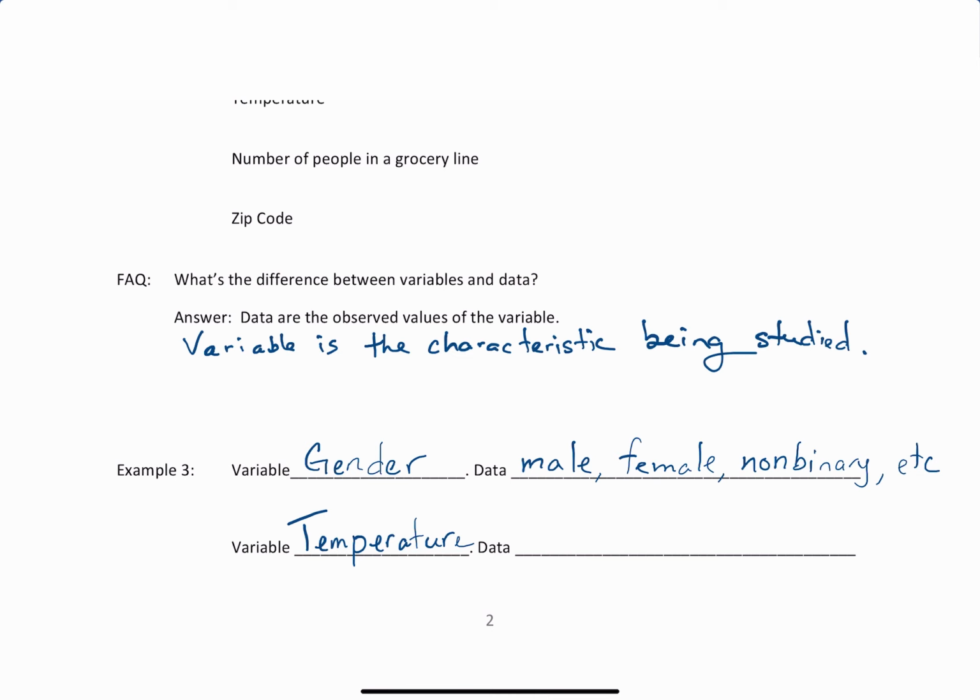So I didn't specify a population, but maybe the population is days in February this year, and we're measuring the highest temperature of the day. So the variable temperature is a characteristic of each day in that population, and then the data values could be things like 70 degrees or 30.1 degrees or whatever. The actual temperatures are the data. The characteristic temperature is the variable.